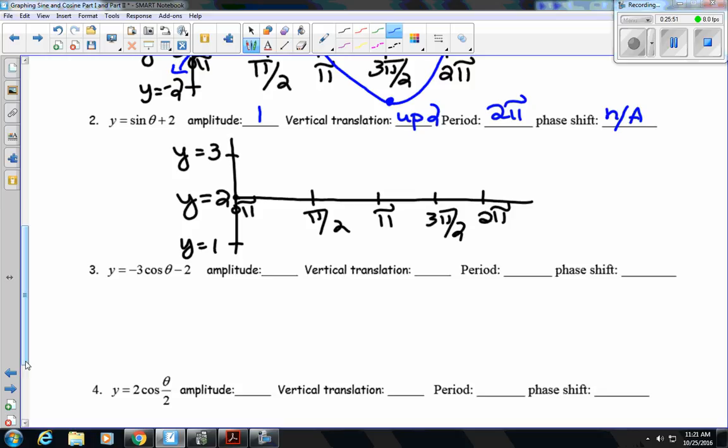Alright? Sine graph starts at the midline and then does what? Max, mid, min, mid.